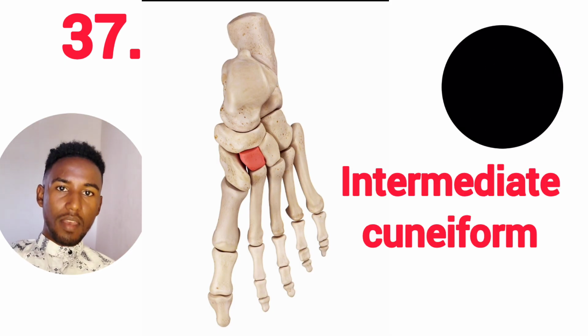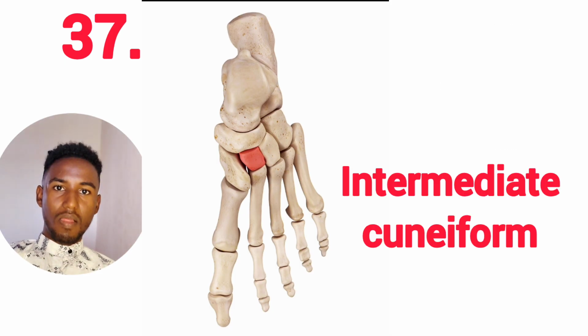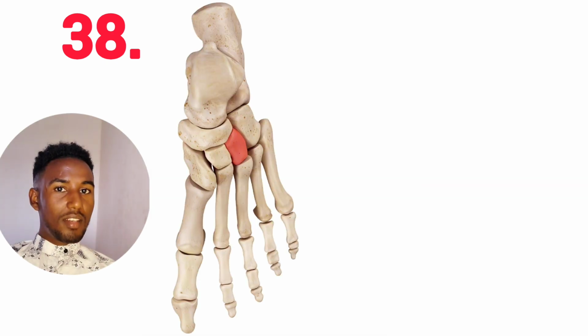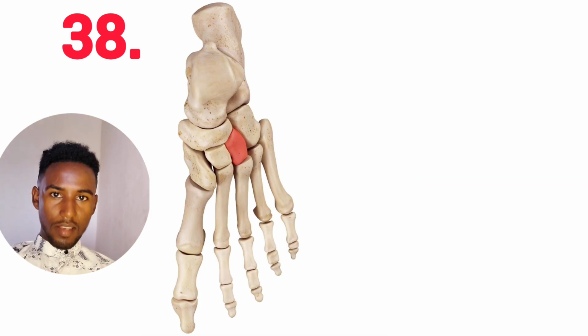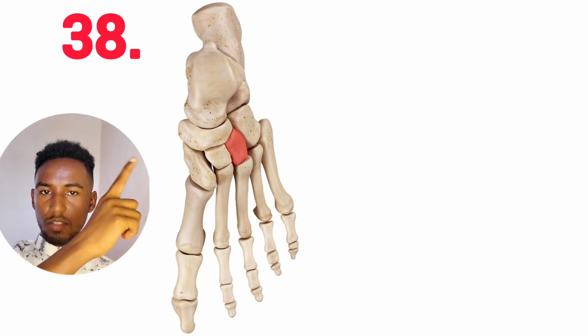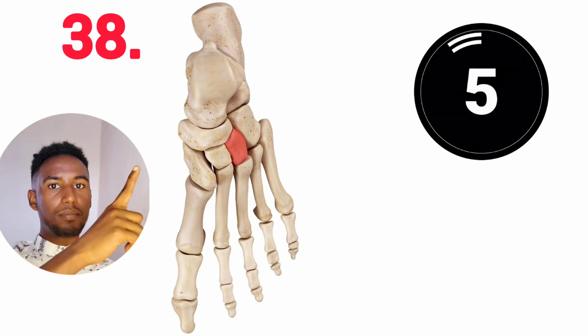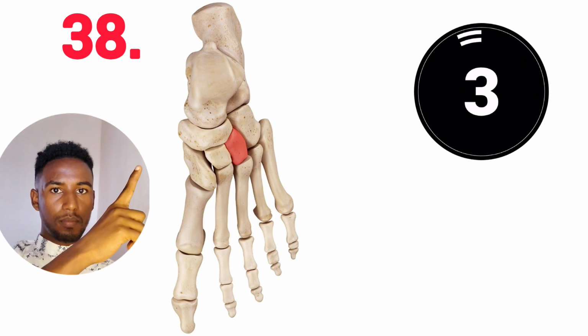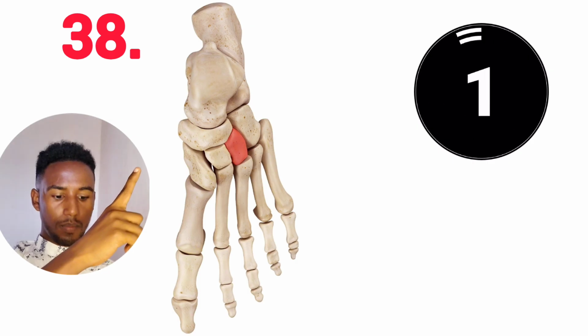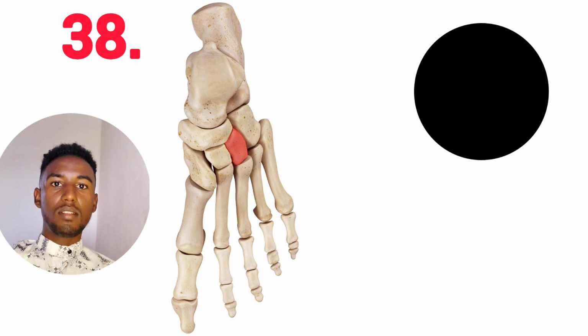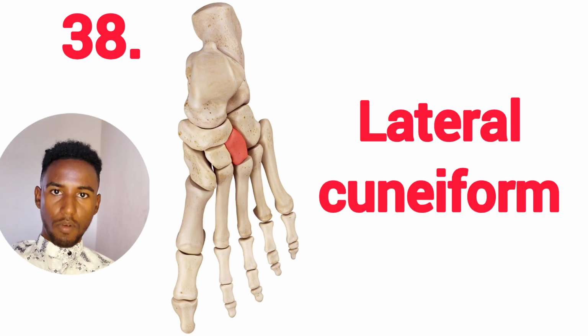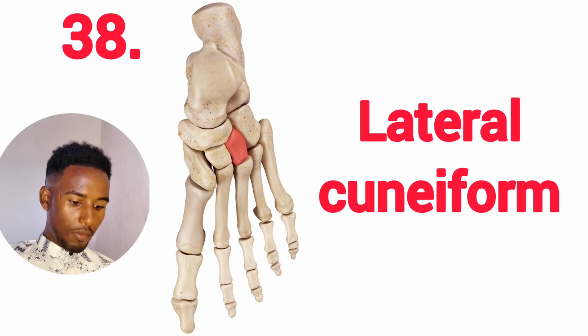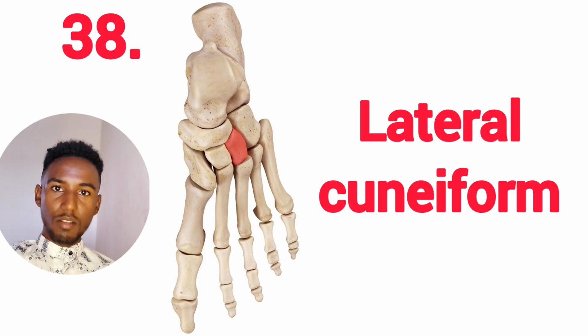It is the intermediate cuneiform, and this is the smallest cuneiform bone. Question number 38. What is this bone called? It is the lateral cuneiform. The lateral cuneiform is between the intermediate cuneiform and the cuboid.